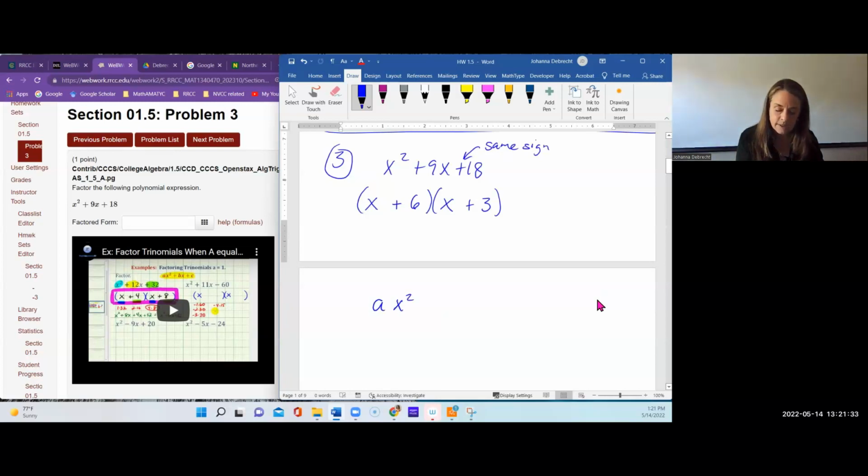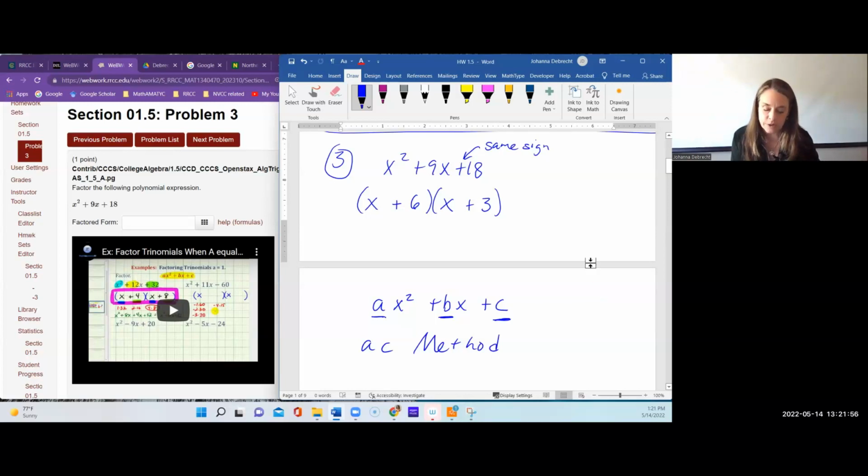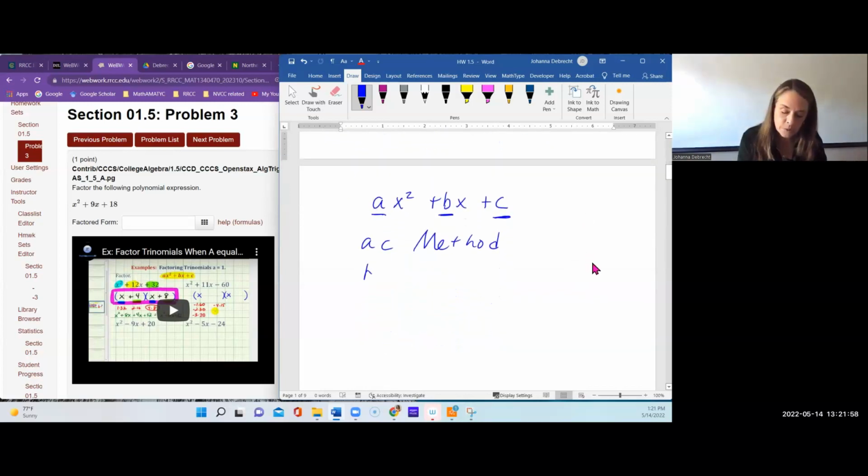We have ax squared plus bx plus c, where the coefficient of the x squared term is a, the coefficient of the x term is b, and the constant by itself, even if it's 0, is c. Now, how does the AC method work? When you look at the AC method, it's based on factoring by grouping. So when we talk about it, we need to know how to factor by grouping.